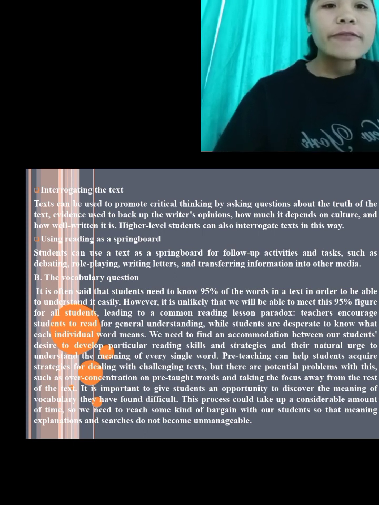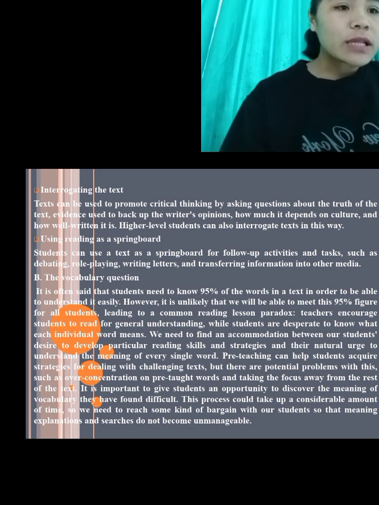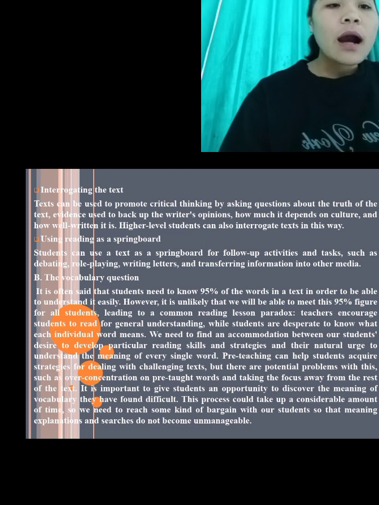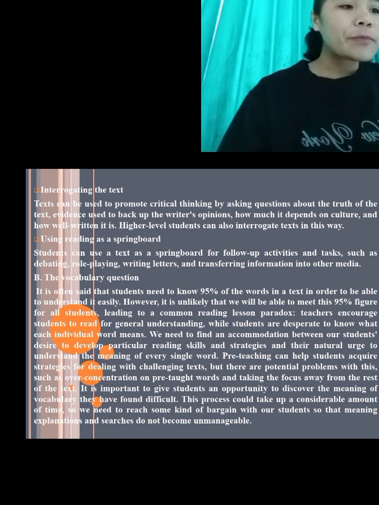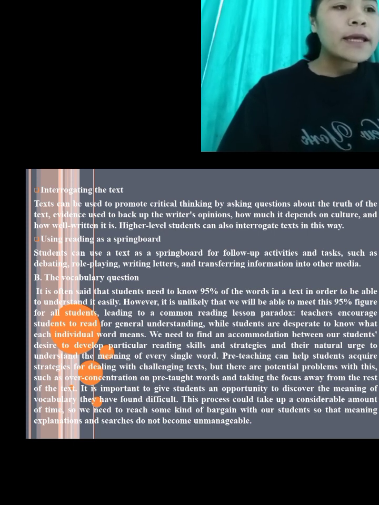And then the vocabulary question. It is often said that students need to know 95% of the words in a text in order to be able to understand it easily. However, it is unlikely that we will be able to meet this 95% figure for all students, leading to a common reading lesson paradox.